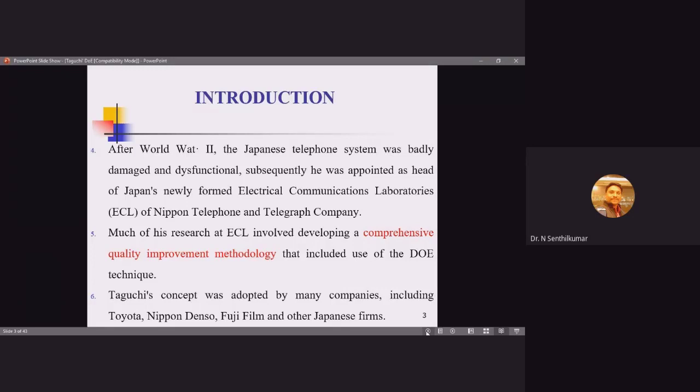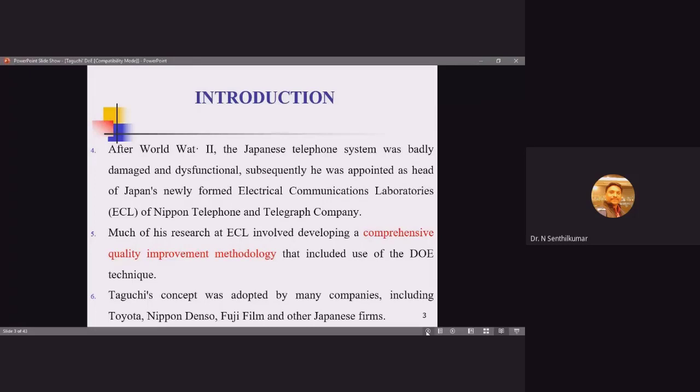We will stop at 3 or 4 parameters, or at most 6 parameters, but in company sites they use more than 30 parameters for quality improvement. What I am telling is a small example. Not only in one field, in most fields they use Taguchi's technique for optimization.